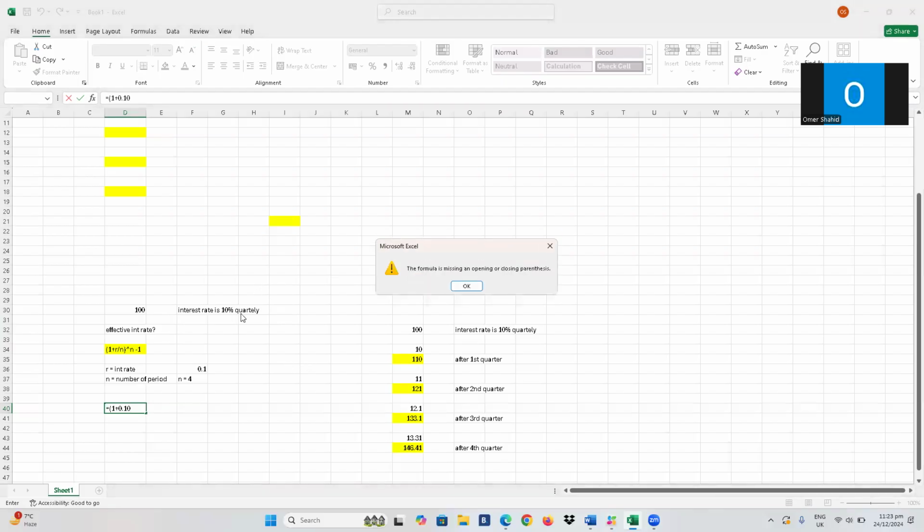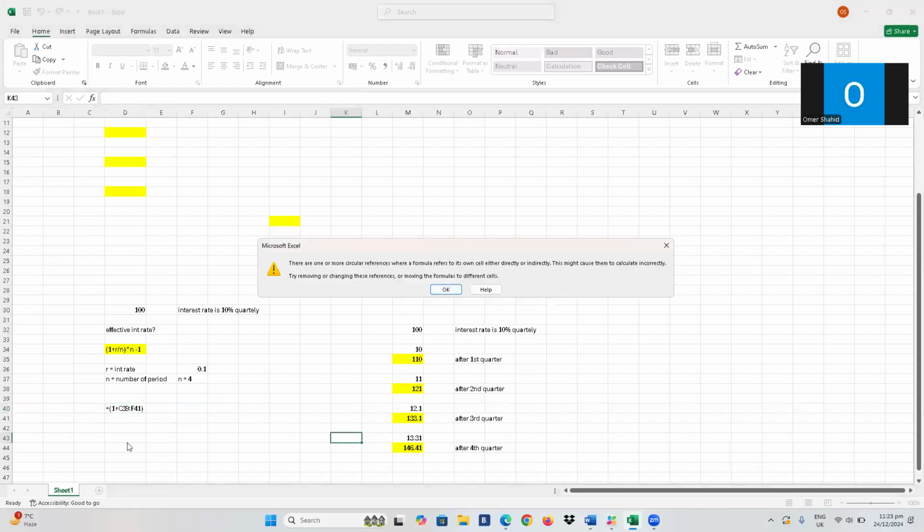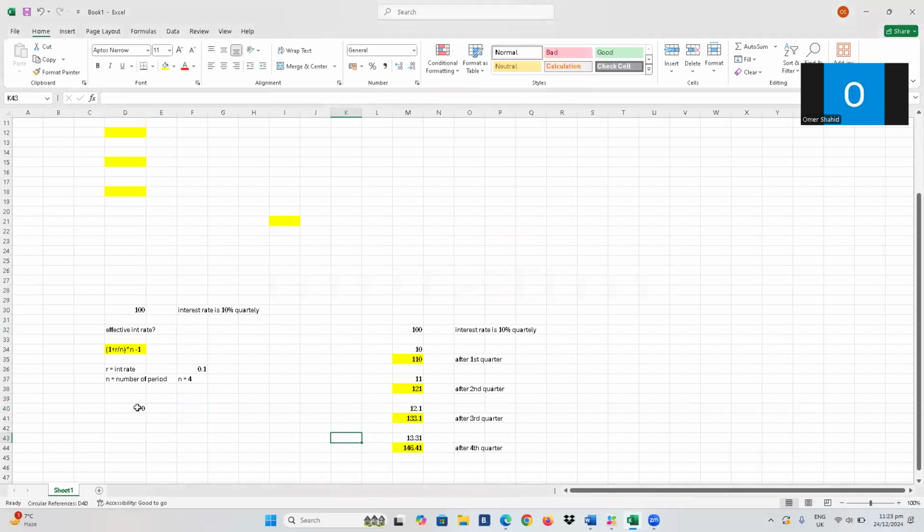Like for example, if they mention here that the interest rate is 10% annually, this is a very important thing as well. Then you need to divide r by n, and our n will be 4, because we have 4 quarters in a year, and they have given us the 10% for yearly.